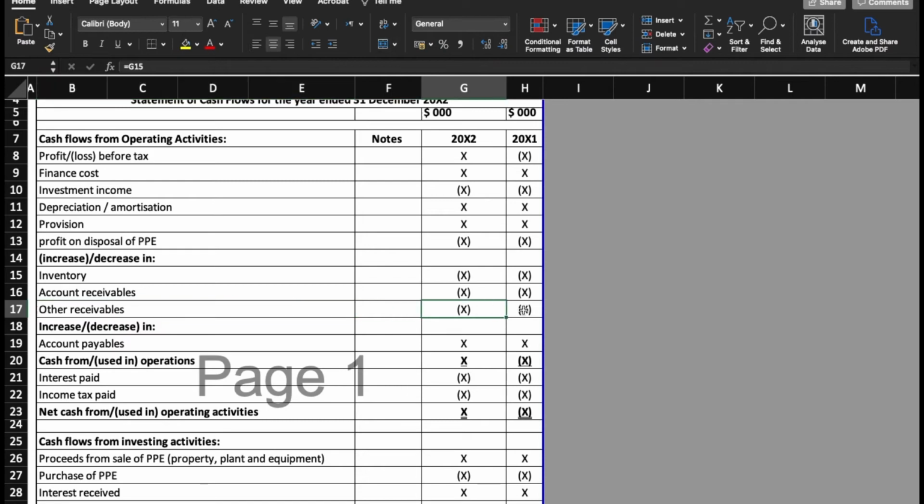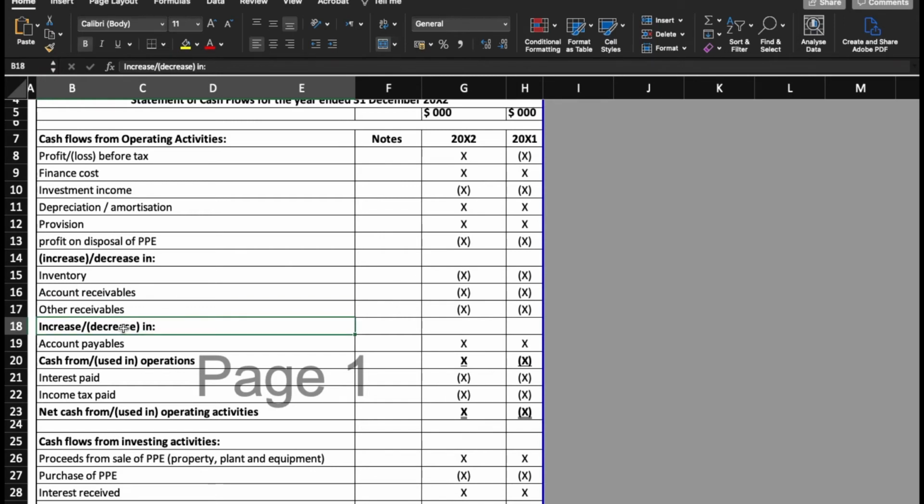These other receivables could be prepayments and any sort of current deposits, current security deposits. All those other receivables should be reported here. And then there would be due from related party, the same scenario.